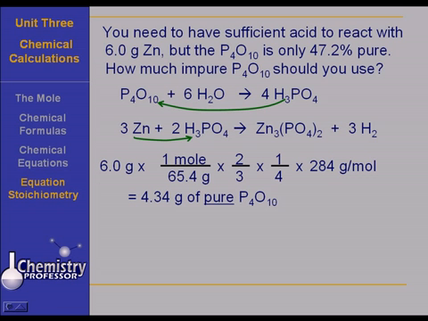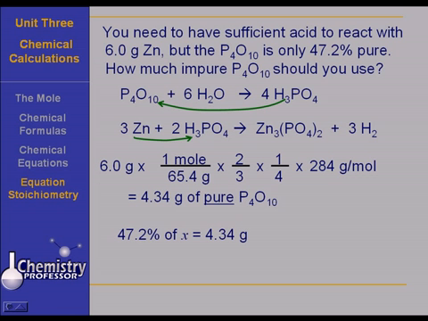But folks, our source is only 47.2% pure. So how do we find out how much of the impure P4O10 we need? How much do we need? I don't know. We need X. So that 47.2% of X is 4.34 grams.